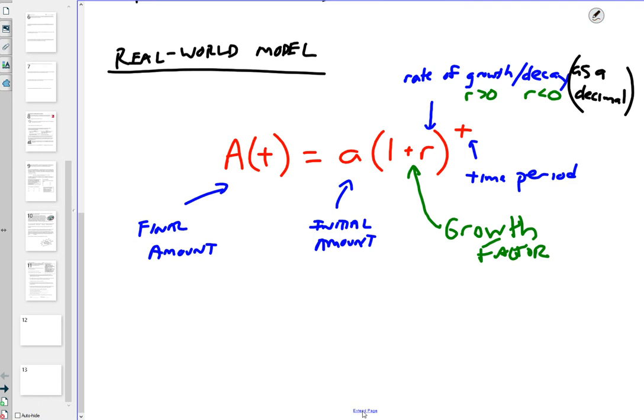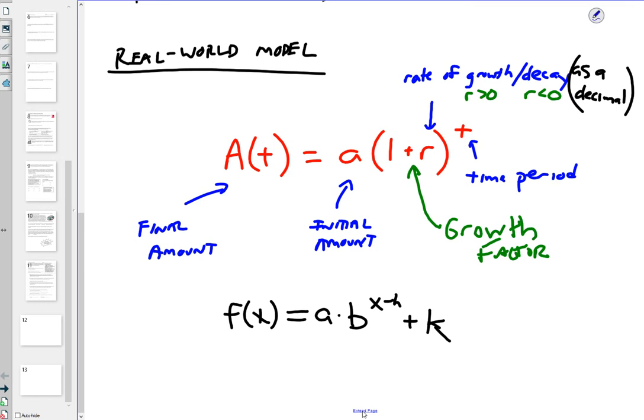I would like you to compare this to what we already knew about exponential growths and decays. So let's compare and contrast.